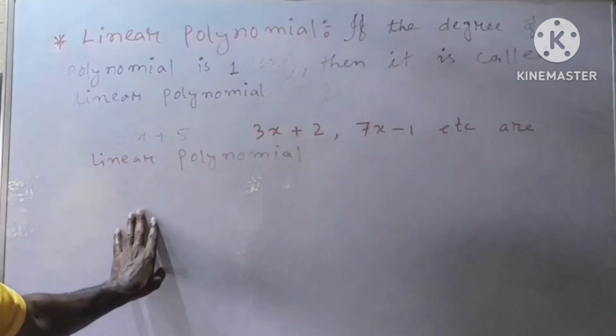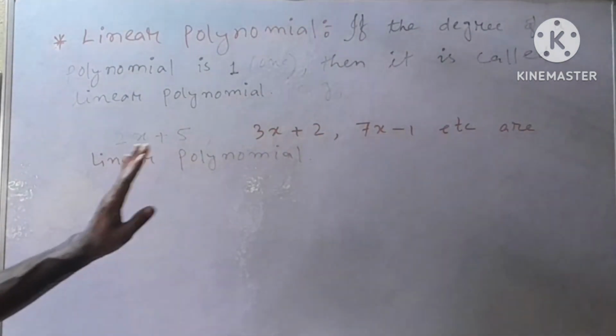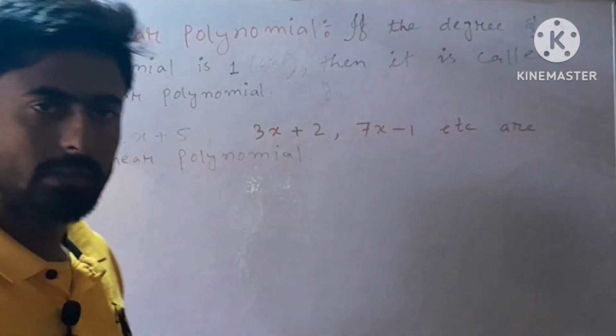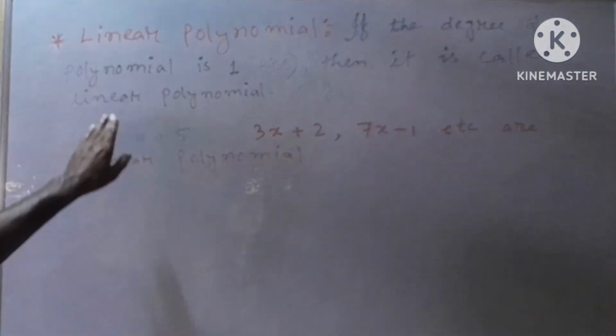Next, you see, what is a linear polynomial? If the degree of a polynomial is 1, remember, then it is called a linear polynomial.